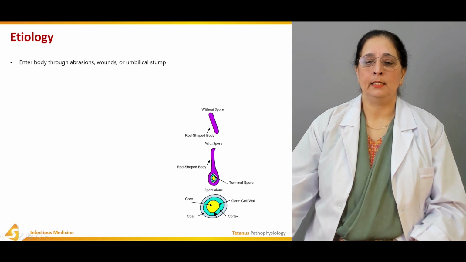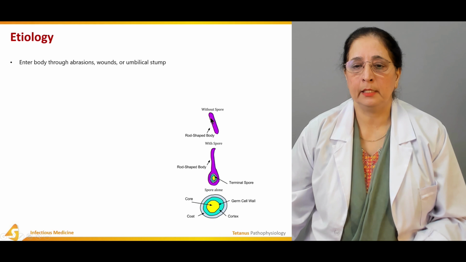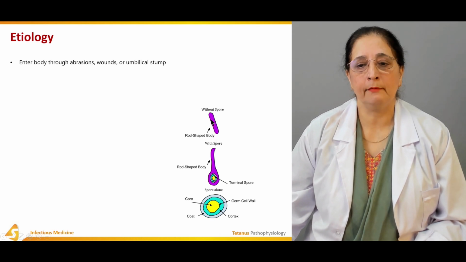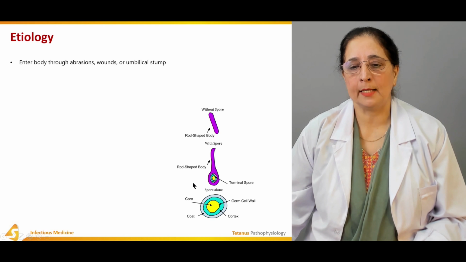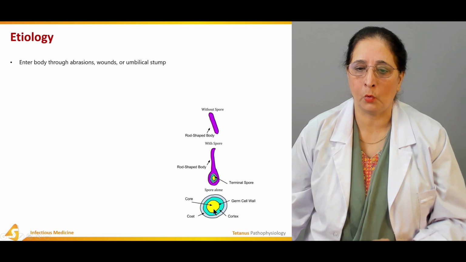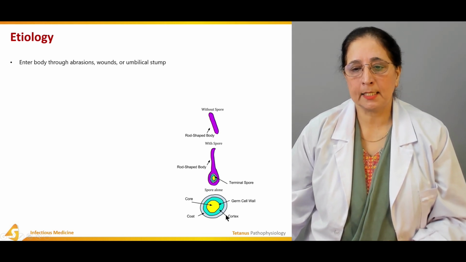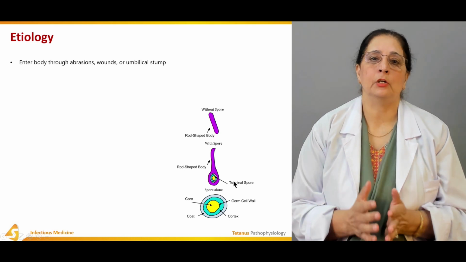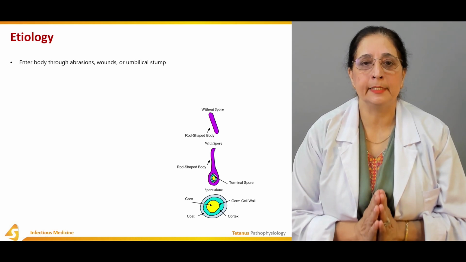So that's the spore alone. So this is Clostridium tetani without the spore, with the spore, and the spore alone. The spore has the center core, then the outer coat, cortex, and the germ cell wall. That's the structure of the spore produced by Clostridium tetani.